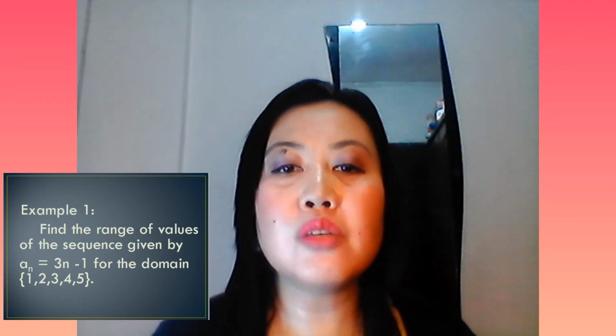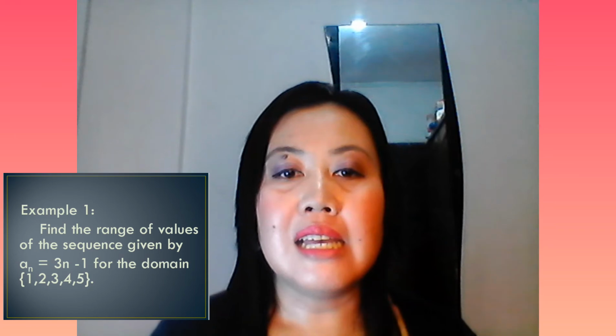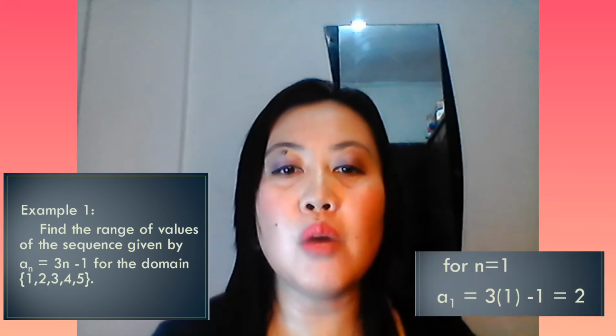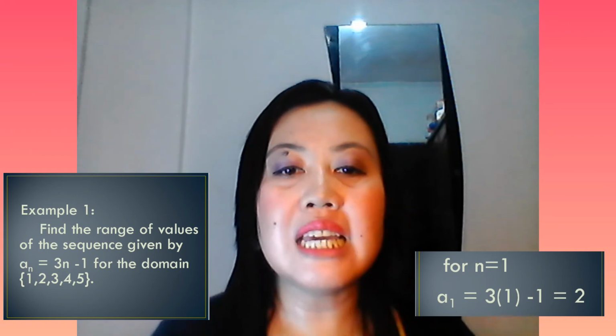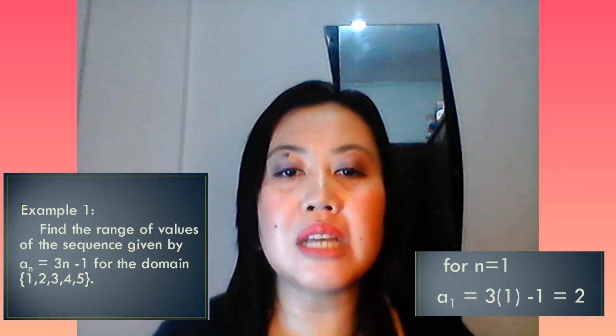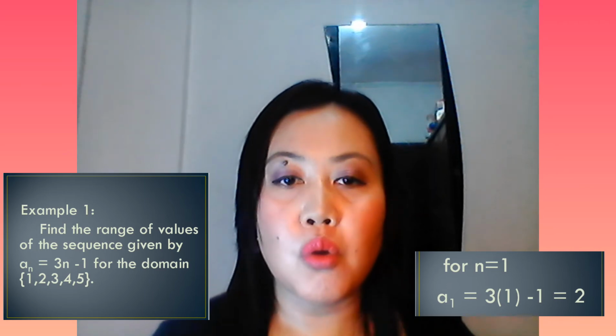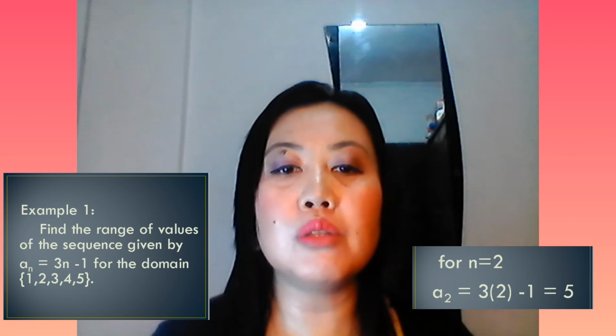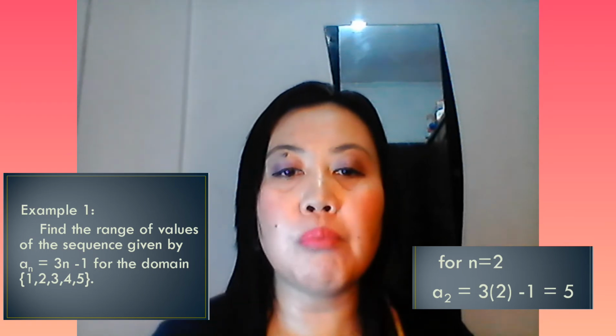In order for us to solve this, let's assign the value of n, which is equal to 1. So a sub 1 is equal to 3 times 1 minus 1, which is equal to 2. For n equals 2, a sub 2 is equal to 3 times 2 minus 1, which is equal to 5.